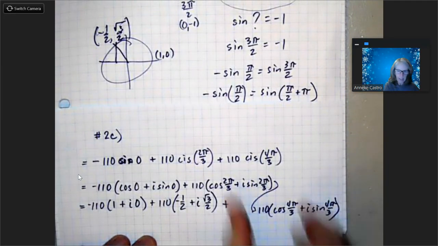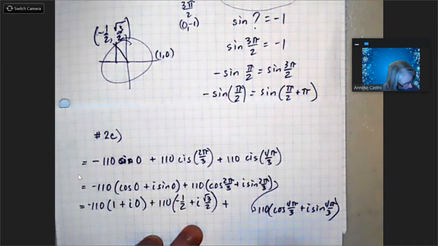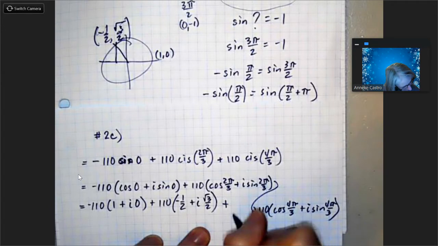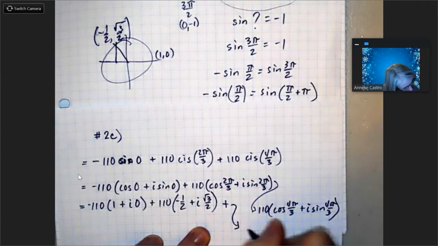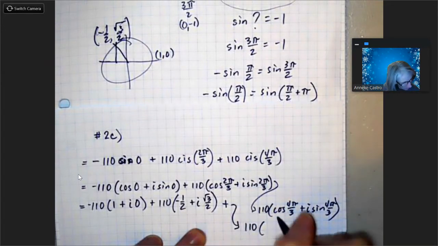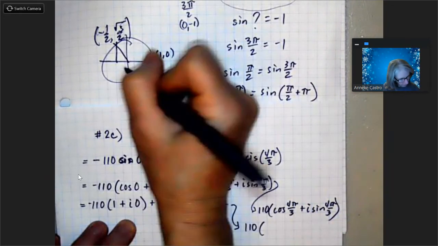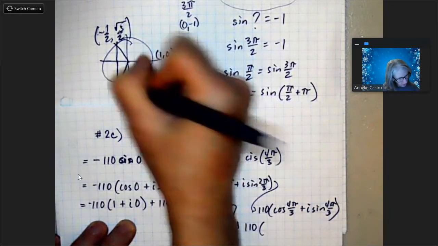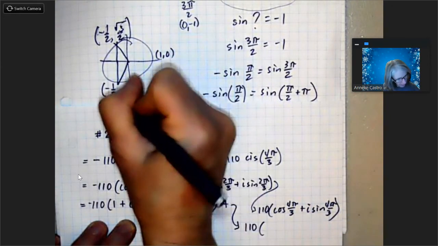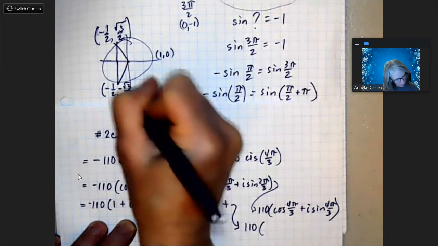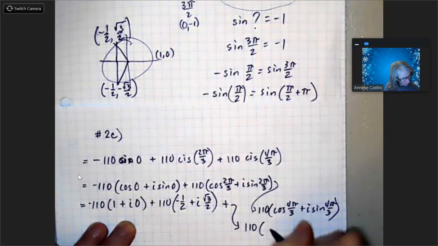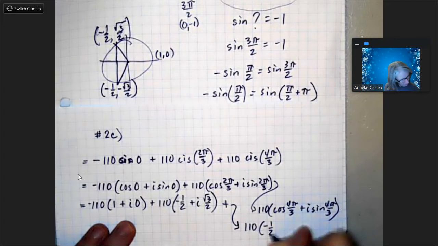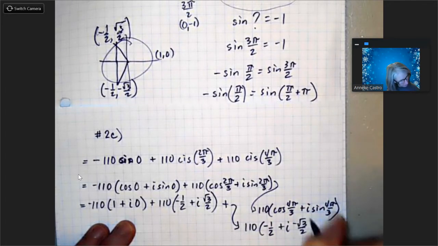Since I moved this down here, I don't have room for when I take my cosine and sine. So again, putting it down here, 110 cosine of 4 pi over 3. Well, that's right here. And so that's going to be negative 1/2 and negative root 3 over 2, or the coordinates there. So that'd be times negative 1/2 plus i times negative root 3 over 2.